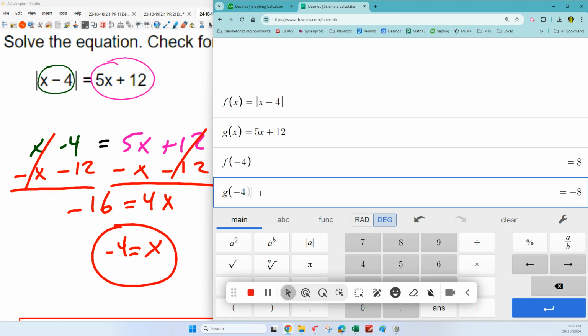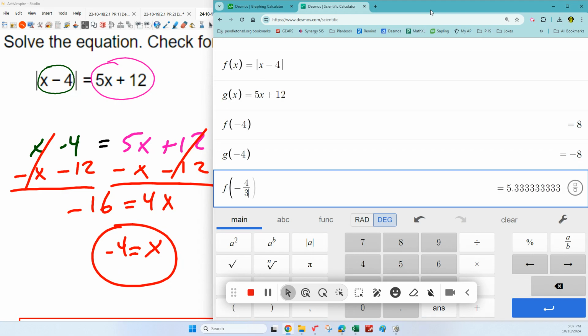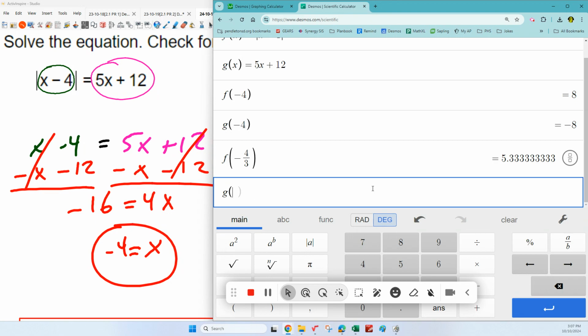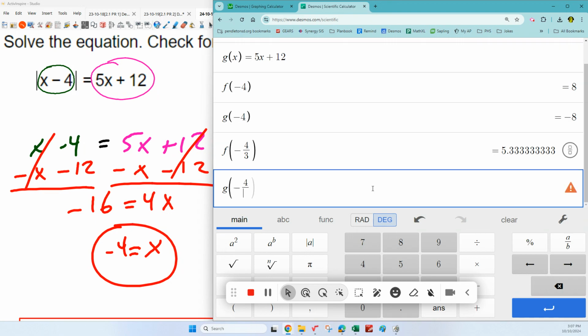Let's try the same thing with my other solution, which was negative 4/3, right? F of negative 4/3 gives me 5.3 repeating, which I could make into a fraction if I want to. G of negative 4/3 gives me the same thing. So is negative 4/3 a valid solution? Yes, it is.